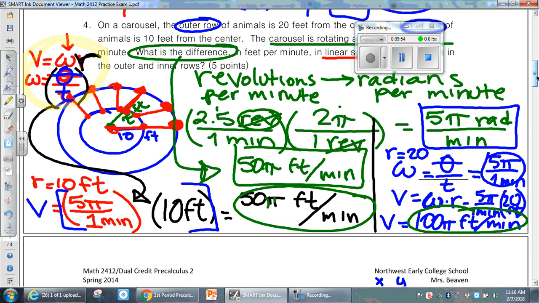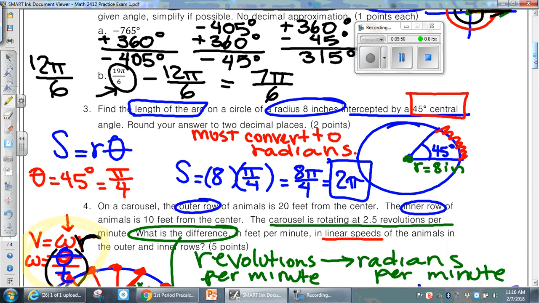Also, this one is very important that you know it, the arc length. And please make sure, if you don't watch the video, that you convert to radians. On the first part of the video, I actually went over the most common mistakes so that you guys don't make them, okay?